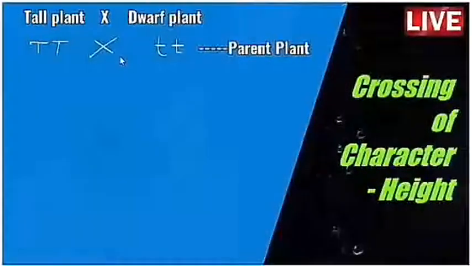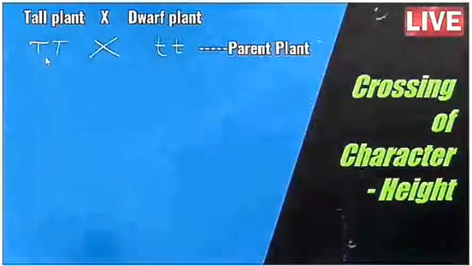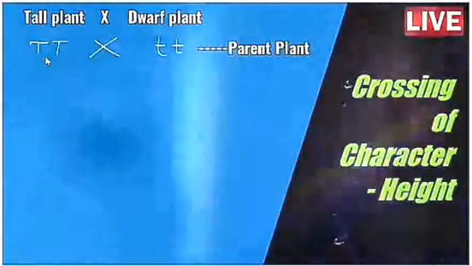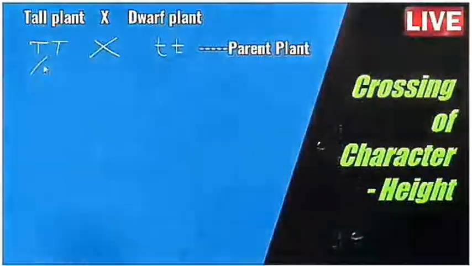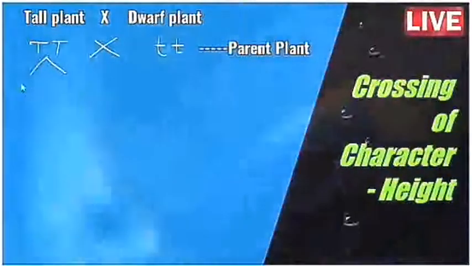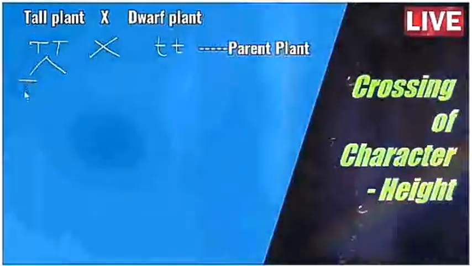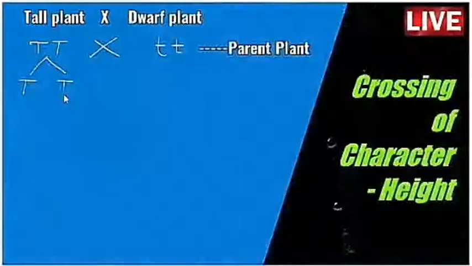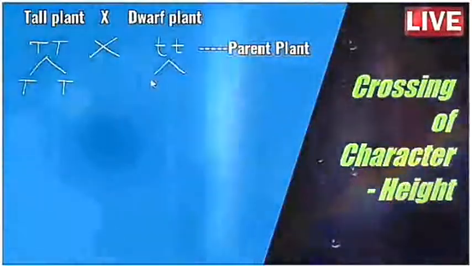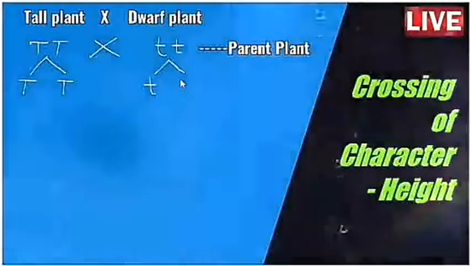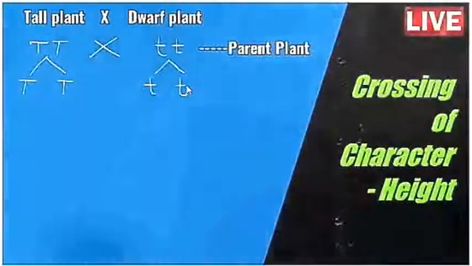So this is the parent plant. Let's cross it and see what we will get. Just like in our first example, this allele will separate to give us a separate allele, and this also will separate to give us separate allele.